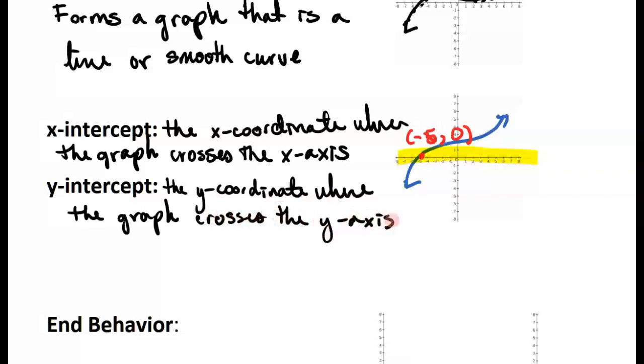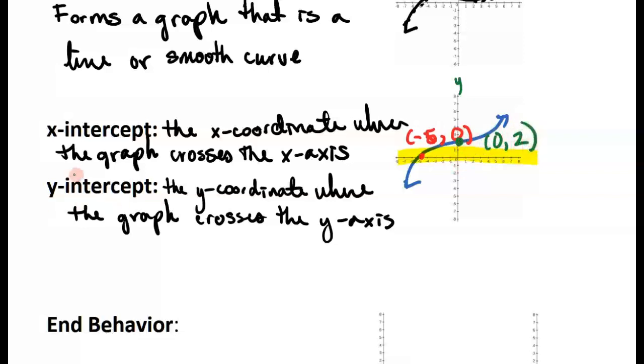So looking at this graph, the function that we are drawing appears to cross the y-axis, the vertical axis, at the point 2. So the x value there is 0, and the y value is 2.